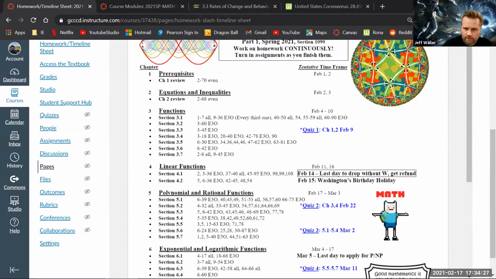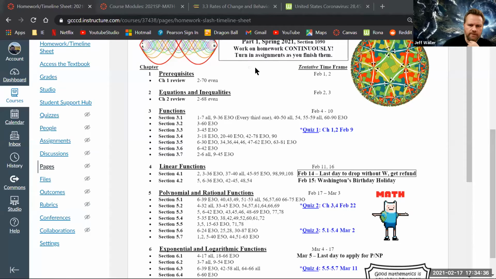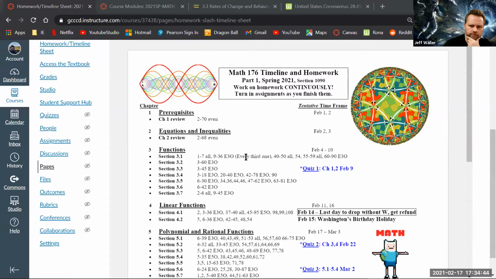Everyone, please understand that this does happen sometimes. Here is all the assignments for the whole semester. So in 3.3, it's 3 through 45, every third one. E3O means every third one. So 3, 6, 9, 12.